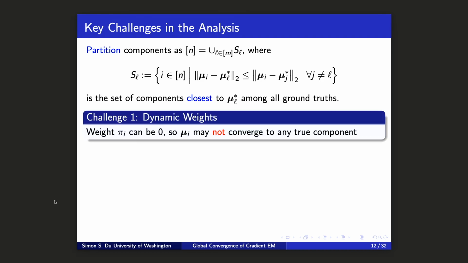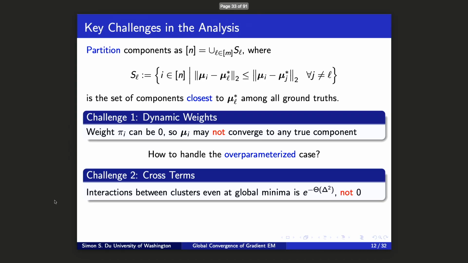Okay, so there are basically two challenges that are different from prior work. One is that, like I said, we need to update this pi, and pi may converge to 0. This complicates the analysis quite a bit compared to prior work, and especially, it is unique to the over-parameterization case that pi can be 0. And secondly is what we call cross terms.